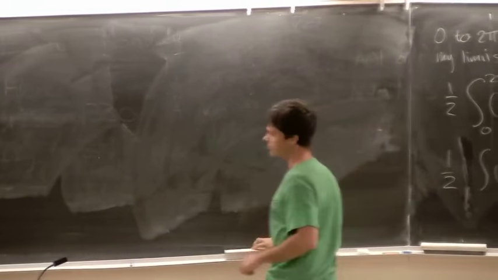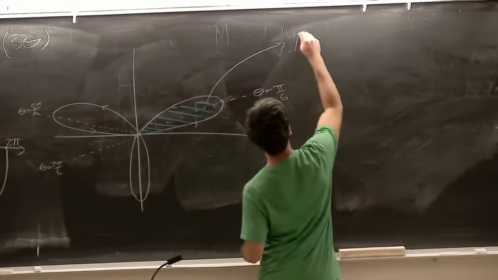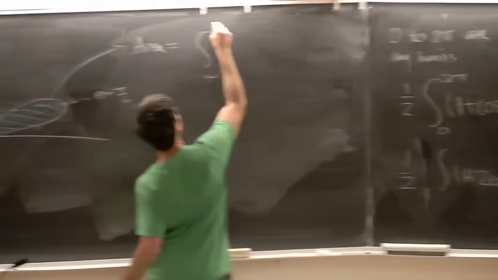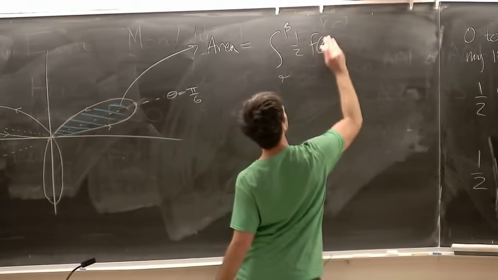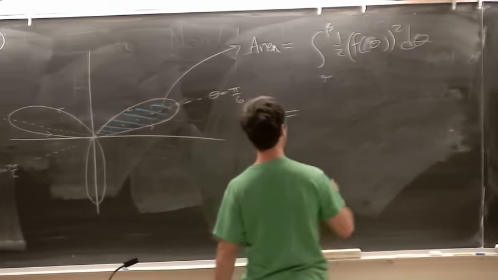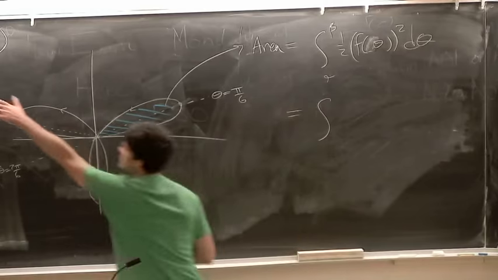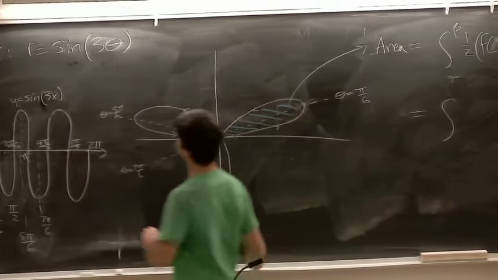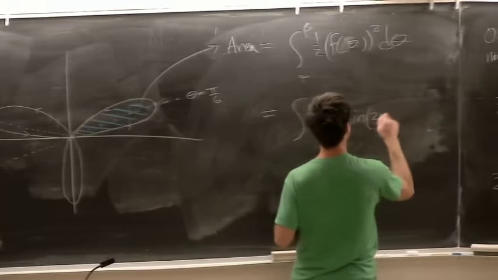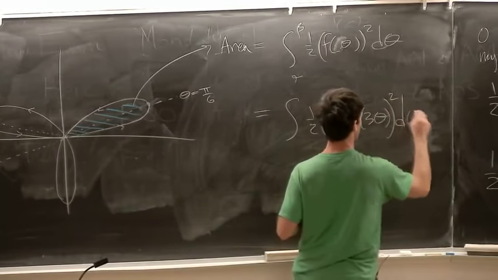So how about, okay, let's get the area of one of these petals. So new question, let's find this blue area. So I have the area formula. It's alpha to beta of 1/2 f of theta squared d theta. And there's my f of theta. So I'll get a 1/2 sine 3 theta squared d theta.